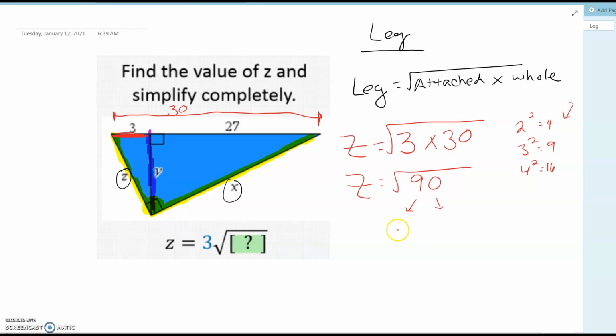So I could break 90 down into 9 times 10. My guess is if you try these top three, probably 4 and 9 to divide out, you should be good. So then square root of 9 is 3, and then you'd have square root of 10. So that would go here.